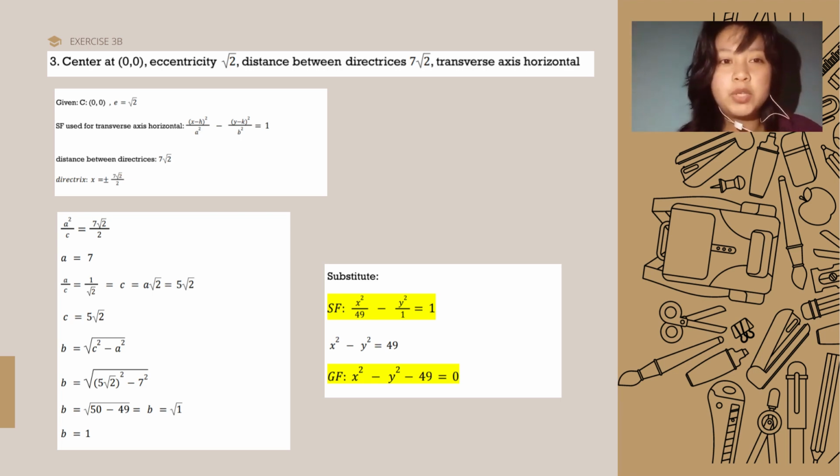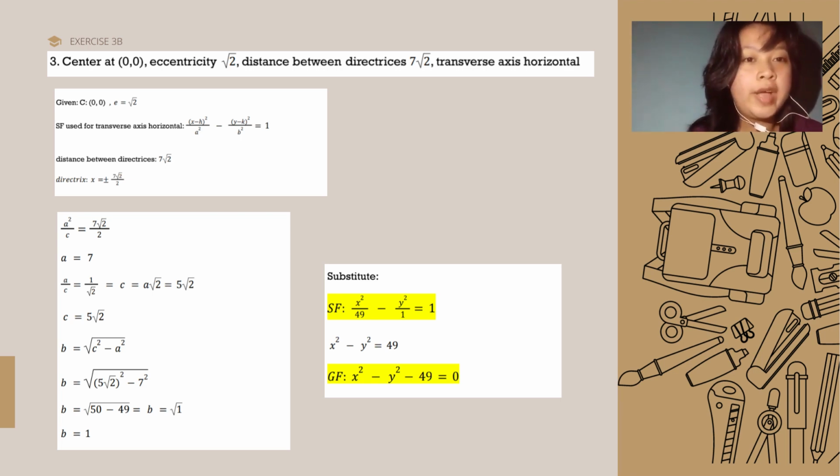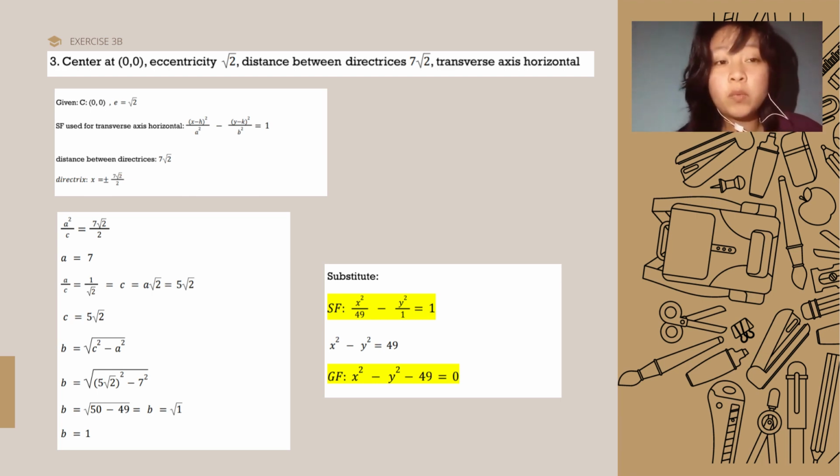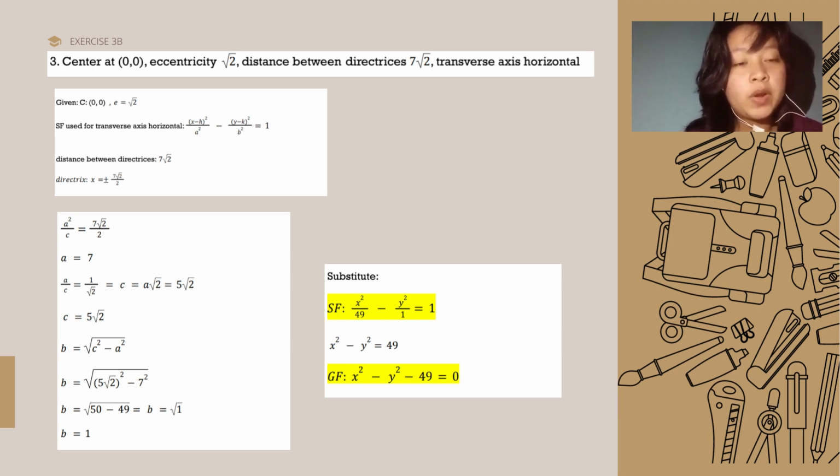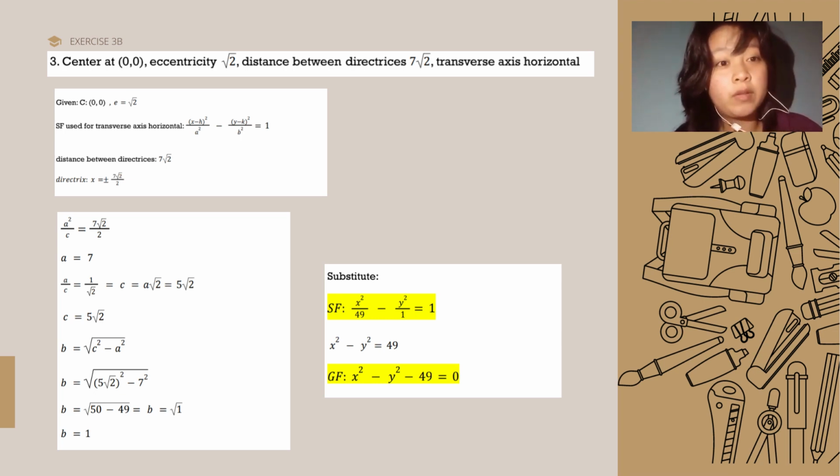So we need to substitute, which is x squared over 49 minus y squared over 1 is equal to 1. So it will be x squared minus y squared is equal to 49. So in our general equation will be x squared minus y squared minus 49 is equal to 0.